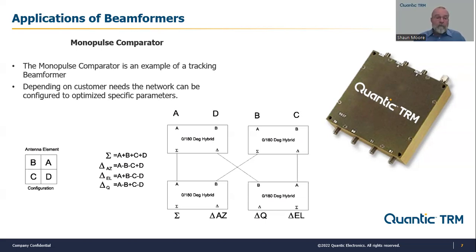What comes out of the Butler matrix is the sum port, which is basically all 4 of those antenna elements summed or added together, and all the energy that is being received comes out the sum port.